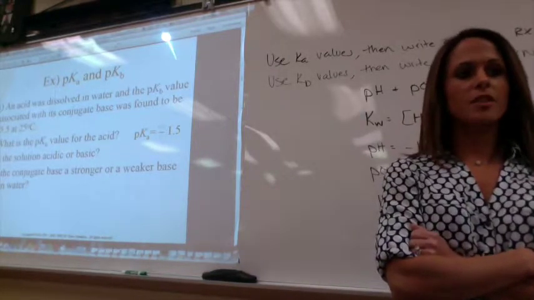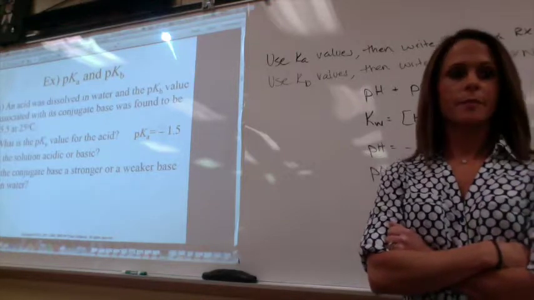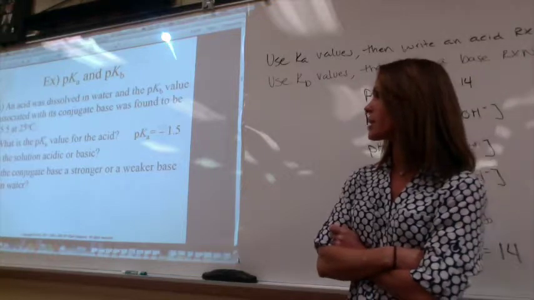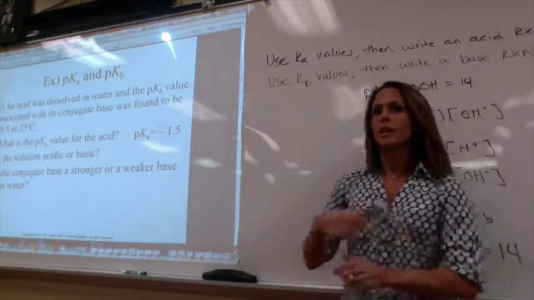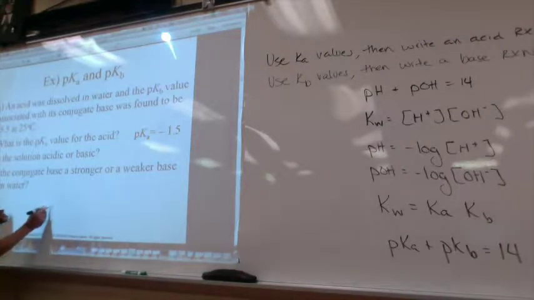Is the conjugate base a stronger or weaker base than water? So what's the thought process there? First of all, what is this, a one-way arrow or a two-way arrow? A one-way arrow.